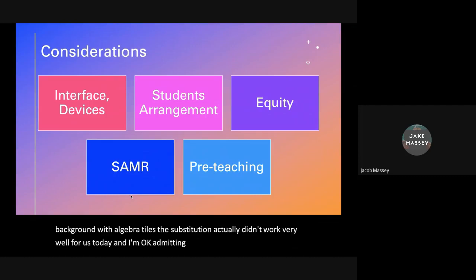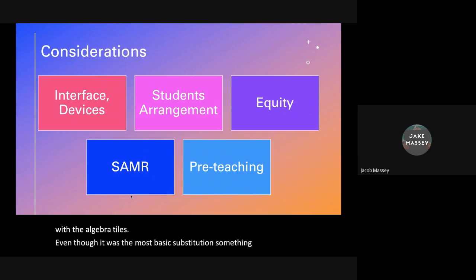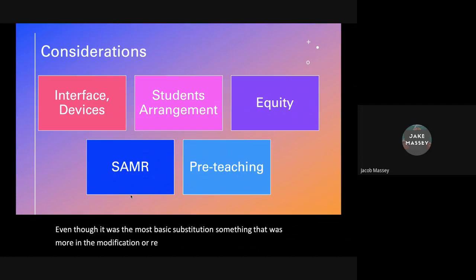It probably wasn't the right tool for this room, because there wasn't a lot of background experience with the algebra tiles, even though it was the most basic substitution. Something more in the modification or redefinition levels may have been more appropriate based on the background of the learners that are coming to you.